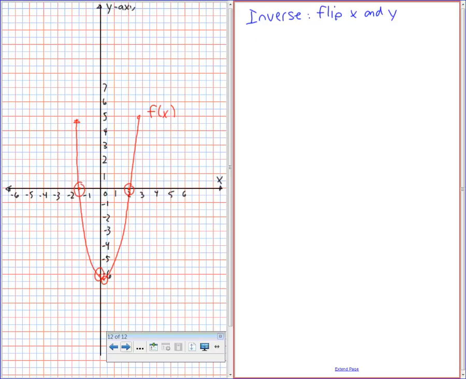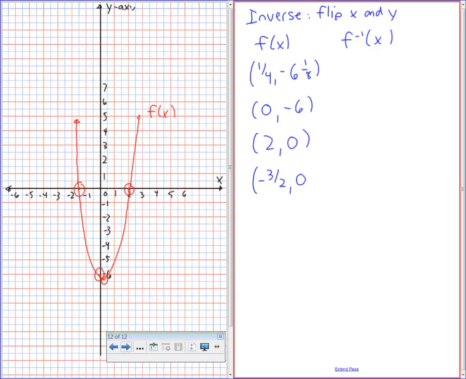So my original points for f of x, I'll do here, I'll do f inverse on the left. So my first point was 1/4 and -6 and 1/8, 0 and -6, 2 and 0, and -3/2 and 0. Okay, can someone other than Peter be brave, please, and give me the corresponding points for the inverse?